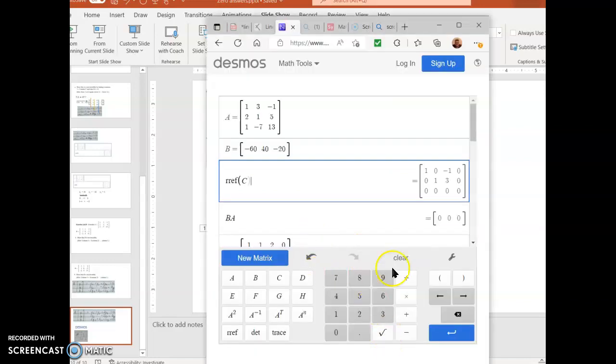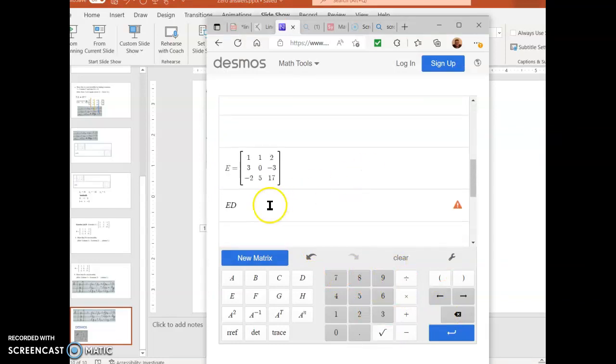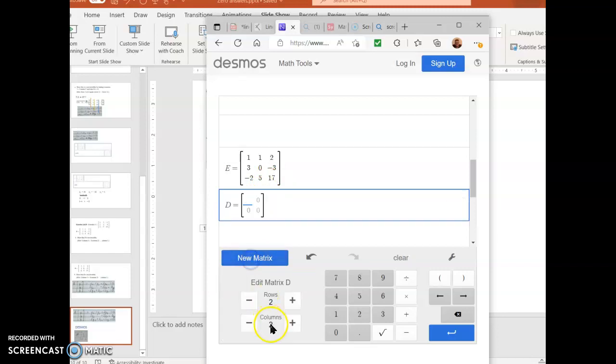And one more time, Desmos. Okay, so I actually simplify it to E. New matrix, it's going to have 1 row, but 3. Is that the right way? Nope. It's going to have 3 rows, but only 1 column.